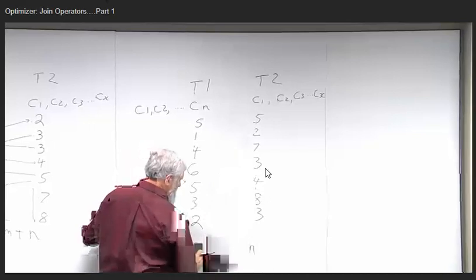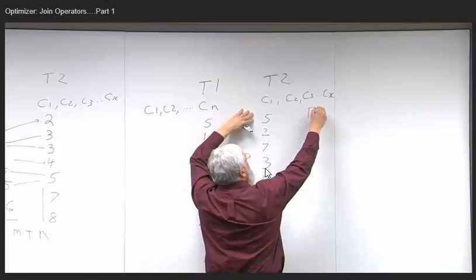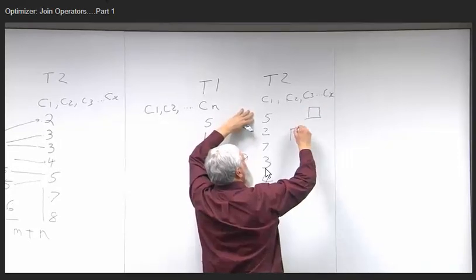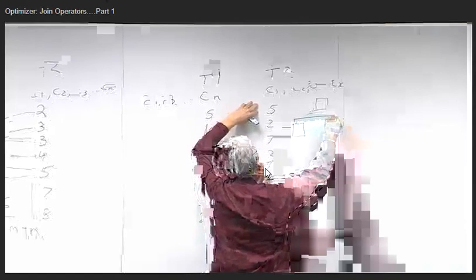So I'll build just a little index. I won't make it very big, but just to give you a little idea. My crude indexes. If we have an index on C1, I'll just point a little arrow back and forth. Whoops. My arrows aren't very good today.